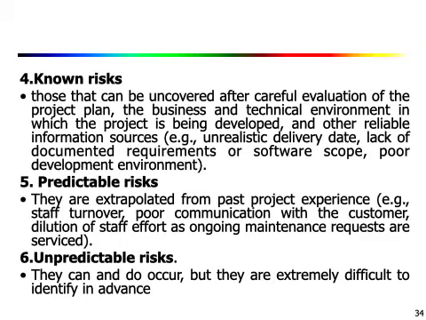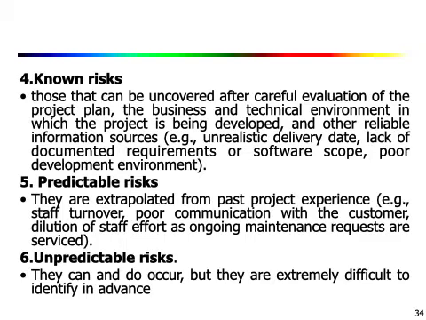Predictable risk means they are extrapolated from past project experiences, like staff turnover, poor communication with the customer, dilution of staff effort as ongoing maintenance requests are serviced, such kind of risks that can be predicted from past experiences on similar projects.